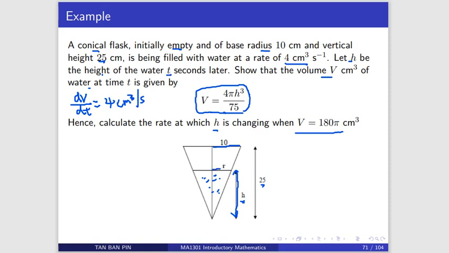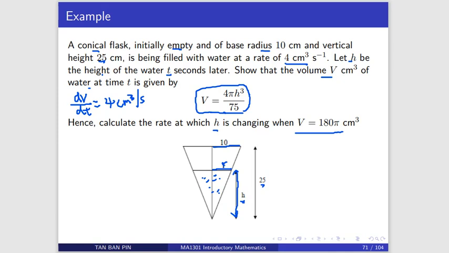Then you can let this be R, the radius of the surface of the water. And then you can use similar triangles to find a relation between R and h. Here V is in terms of h only.